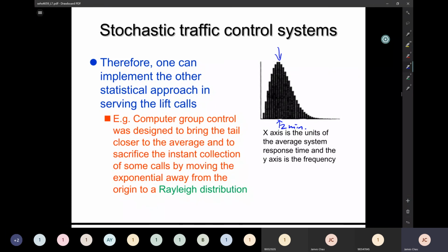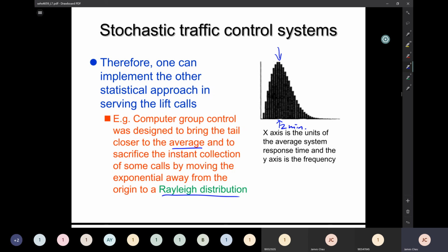Now for example, here we're using the computer group control. It is designed to tailor closer to the FH to satisfy the instant response of the call, by moving the exponential curve into a Rayleigh distribution. Now this is another probability distribution, the so-called Rayleigh distribution, and it is mainly used in communication theory.